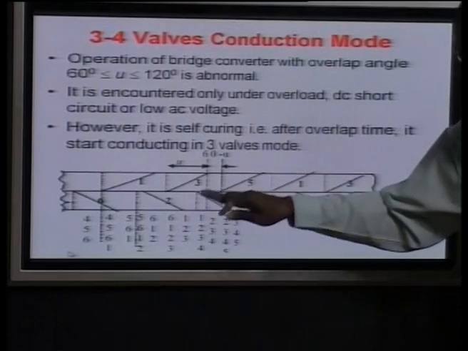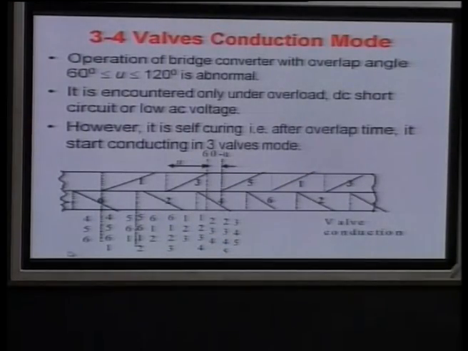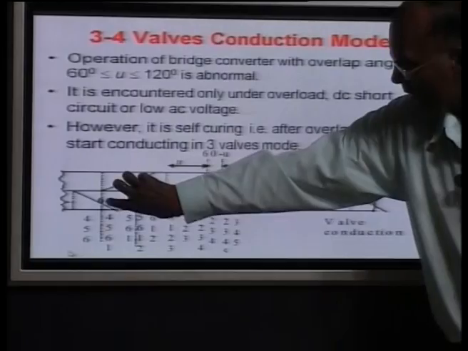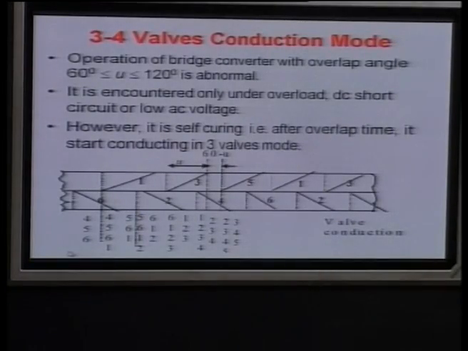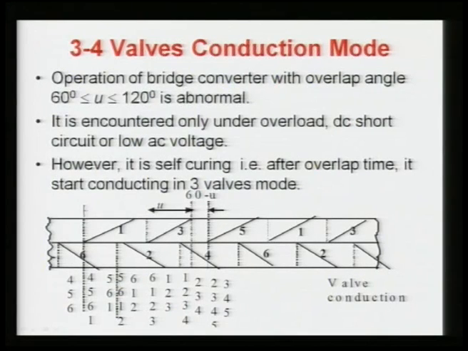So, here again, as I said, this is your u period, I can explain with this. This is your u period, this valve is going to be shifted here by u.